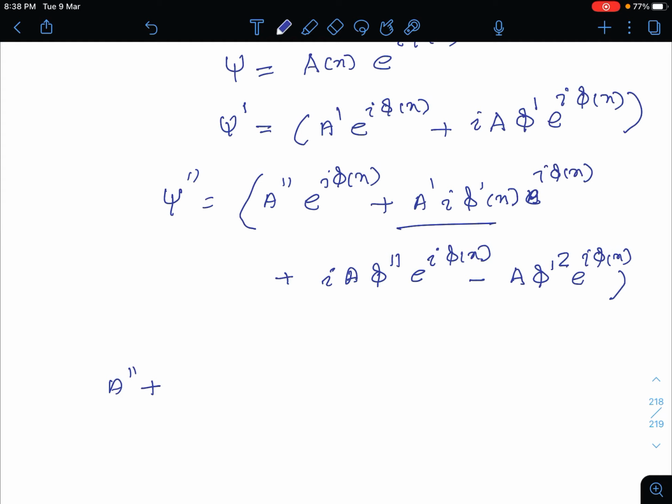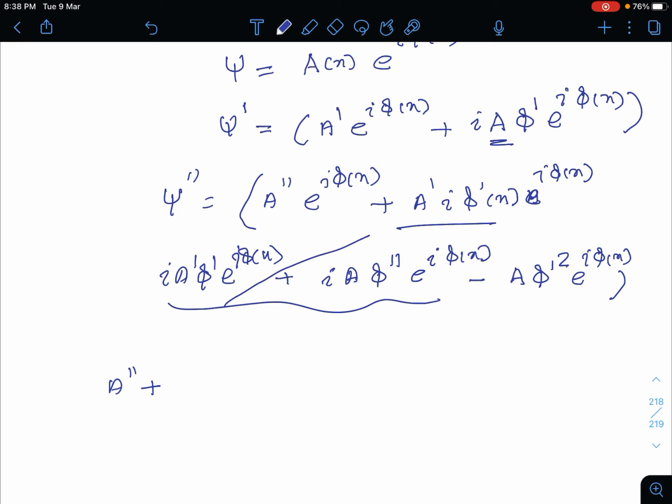Plus i, okay, oh, this a dash I missed, so there is another term also here, i a dash phi dash e raised to i phi of x. I forgot to take the a dash of this. So this becomes 2, I missed it, sorry.